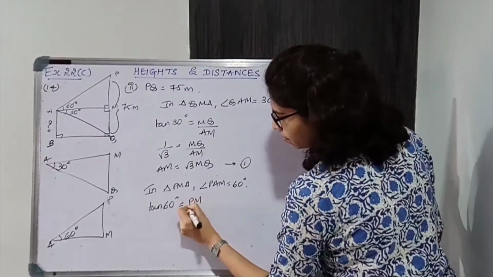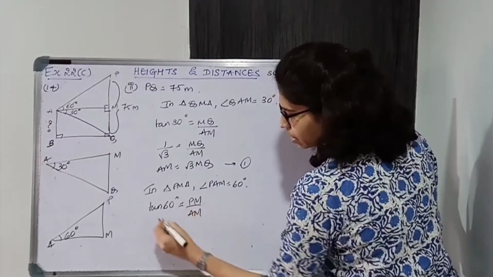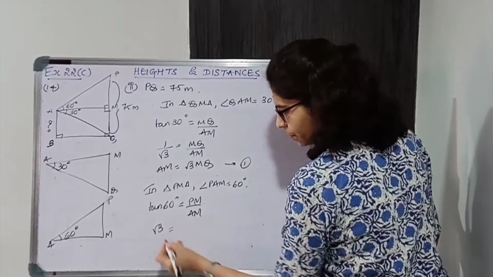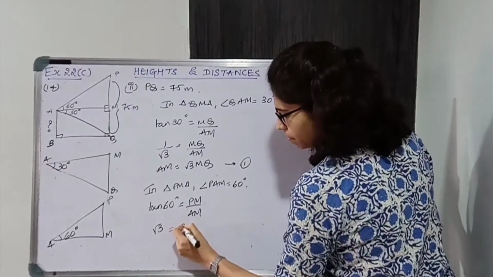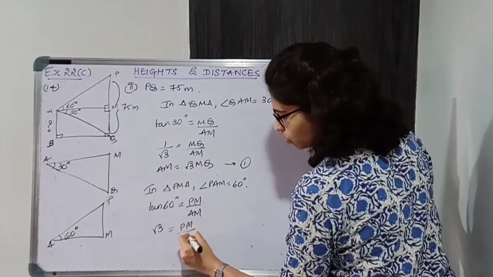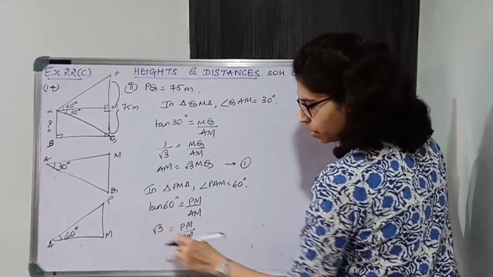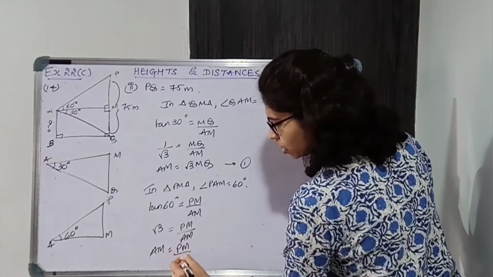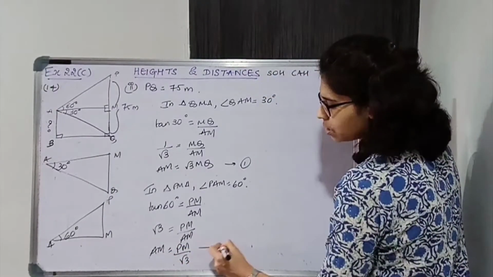Opposite is PM, adjacent is AM. Tan 60 is √3 from standard value table. Okay, so PM upon AM is equal to √3. Shift AM and bring √3 over here because मुझे AM चाहिए in terms of PM. So mark this as 2.